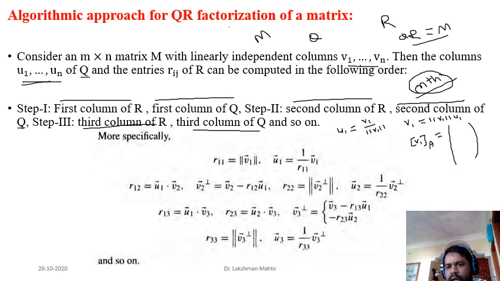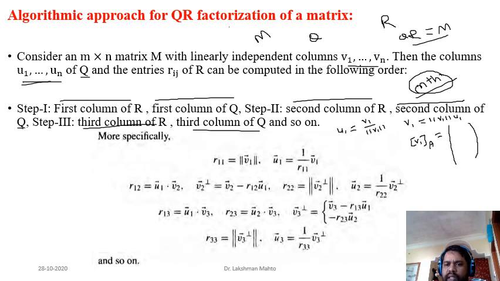What is the coordinate? In V1 you can observe that only U1 is present and it has a non-zero coefficient, that means U2, U3, U4 up to Un all have zero coefficient.